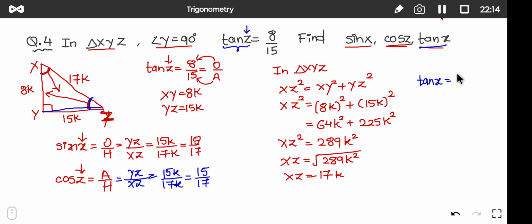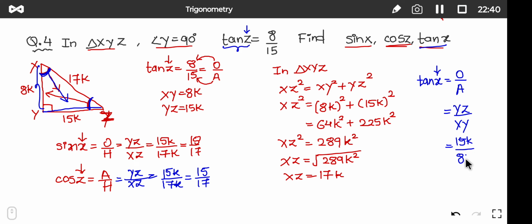So if you look from the angle x, the opposite side of angle x is yz, divided by adjacent side of x, that is nothing but xy. So yz is 15k upon xy is 8k. If we cancel out k, we'll get 15 by 8.